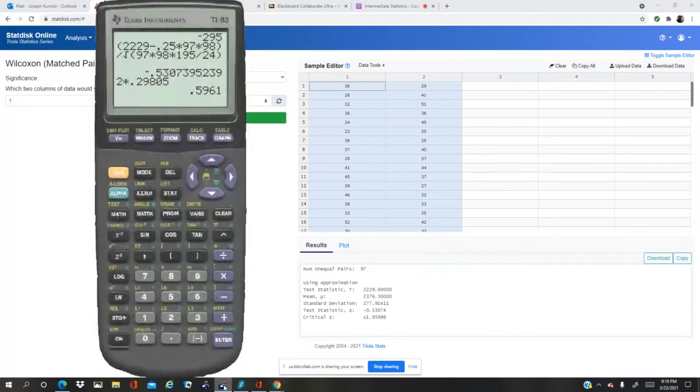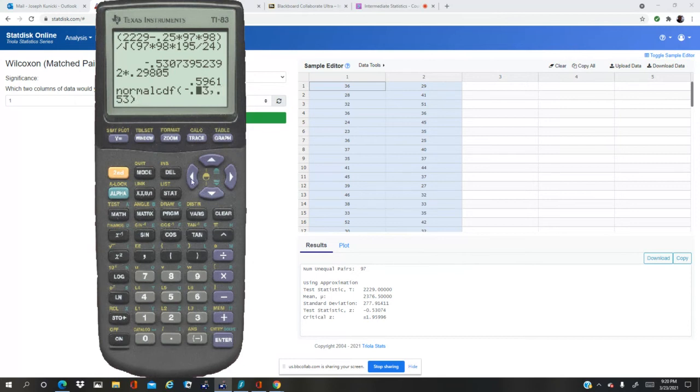Okay, and if you want to find the p-value using the calculator, you can do 2nd Distribution, normal CDF, which is number 2, and go from negative 0.53 comma positive 0.53. And I forgot to subtract from 1 because I want the tails.